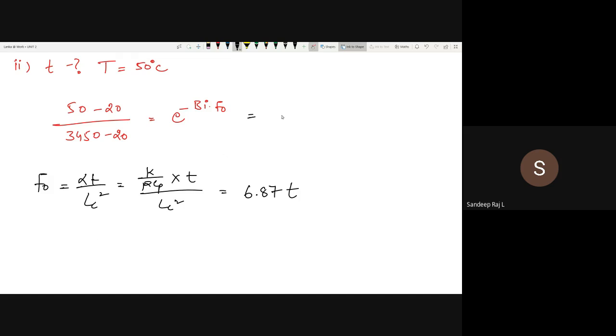This is equal to e power minus of 1.34 times 10 to the power of minus 3, into the time, that is 6.87 into time. From this, you will get what t is. Is it 157?